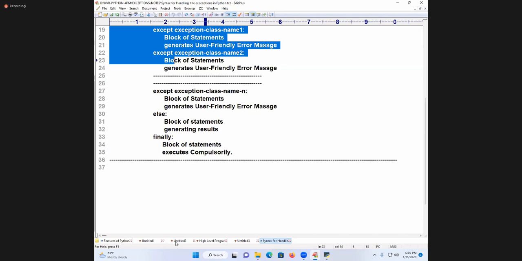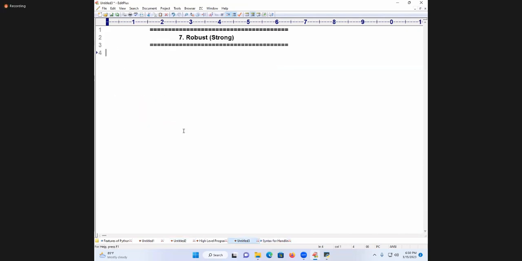What do you mean by robust? I just want to explain here. What is the meaning of robust? Python is a robust programming language because it provides the exception handling facility. There you need to understand.